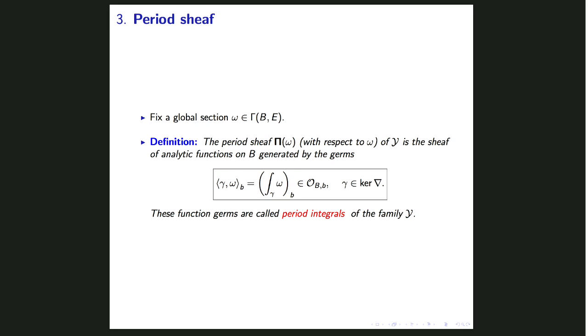This pairing gives me a local holomorphic function in the variable b. Formally, this is just the integral of omega, which pointwise is a form of middle dimension, integrated over the cycle gamma. Such a local analytic function will be called a period integral of the family Y.